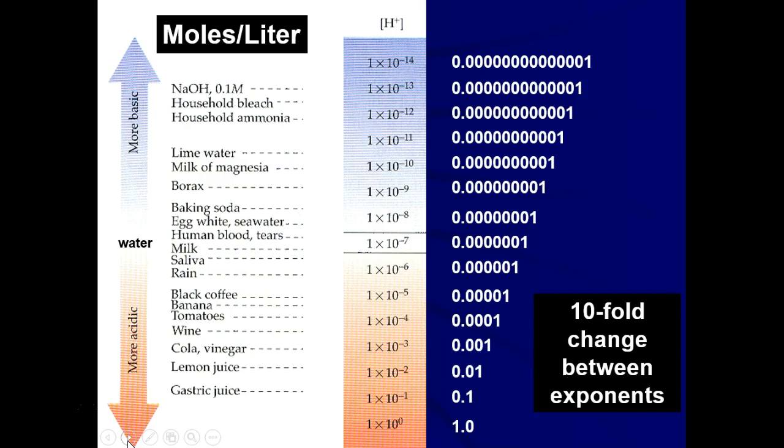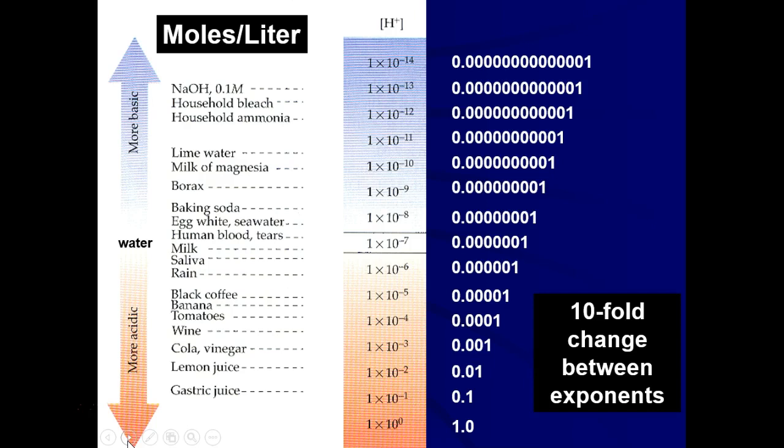Each step in our little scale here is a 10-fold difference in hydrogen ion concentration. So we can say that saliva has 10 times more hydrogen ion concentration than water, and black coffee has 100 times more hydrogen ions than water.